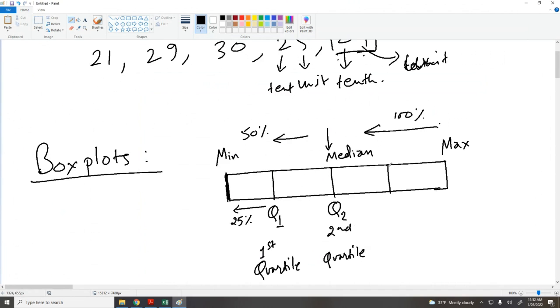Below this third line, 75% of the data will lie. This is Q3, and below Q3 you will see that 75% of the entire data lies. So this is the third quartile. So we have five different values here. The first one is the minimum.